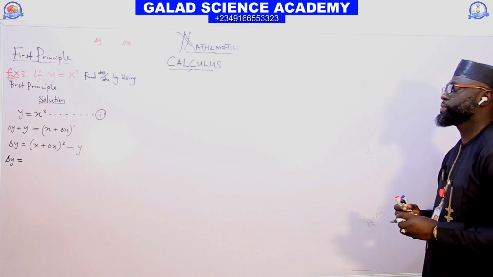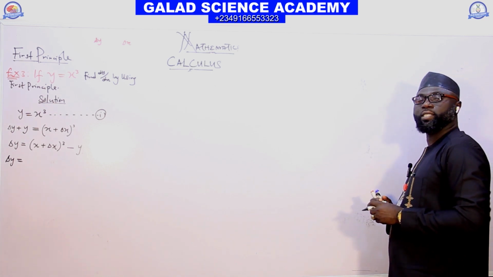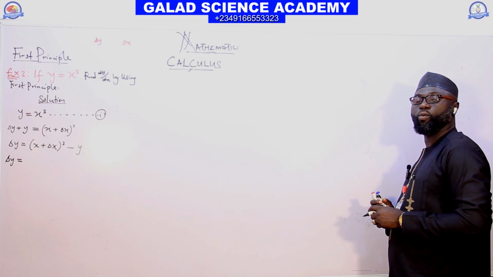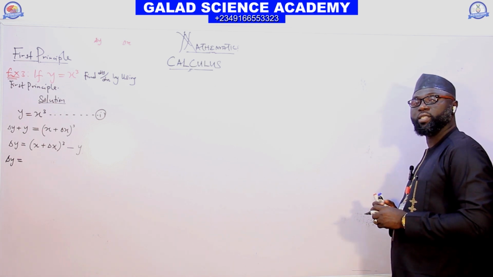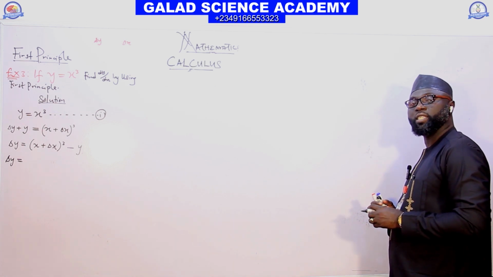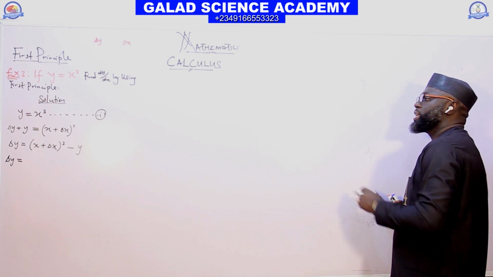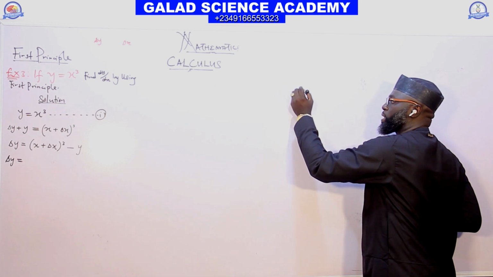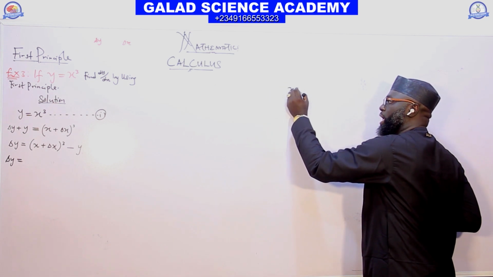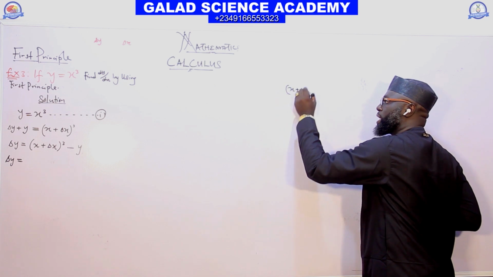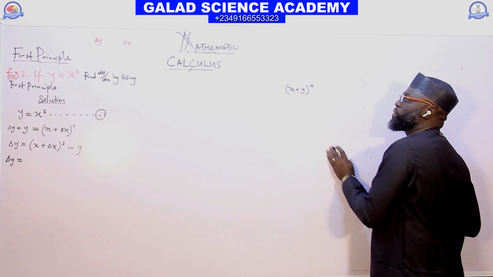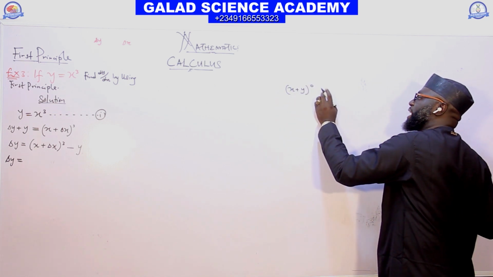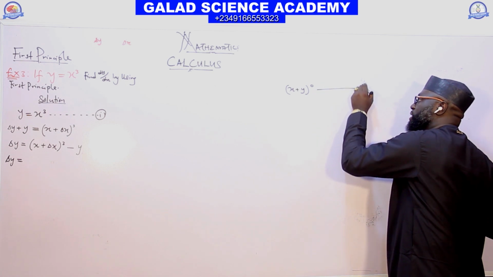x plus change in x exponential 3, back to the Pascal's triangle. If you have x plus y everything raised to the power 0, remember that anything to the power 0 is 1.